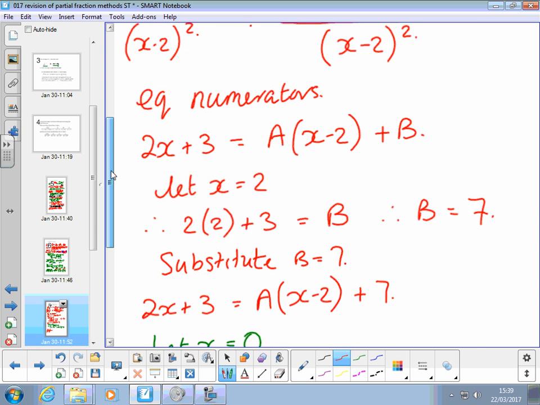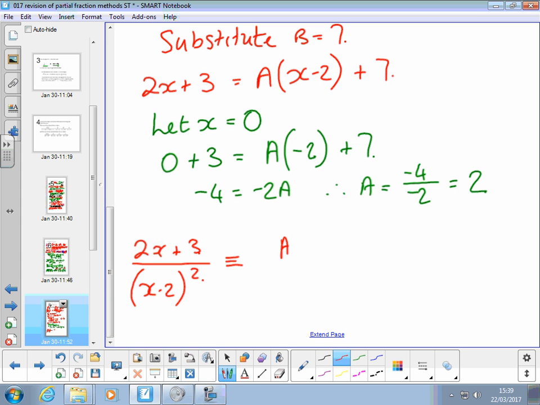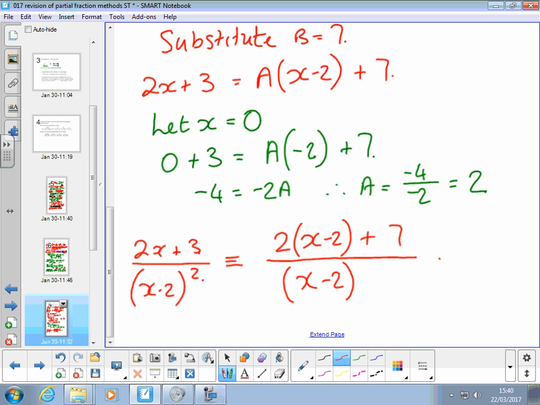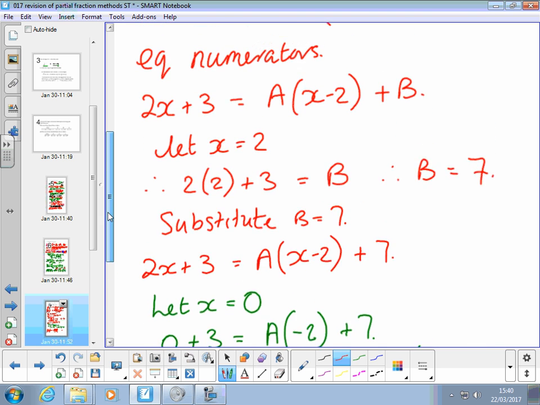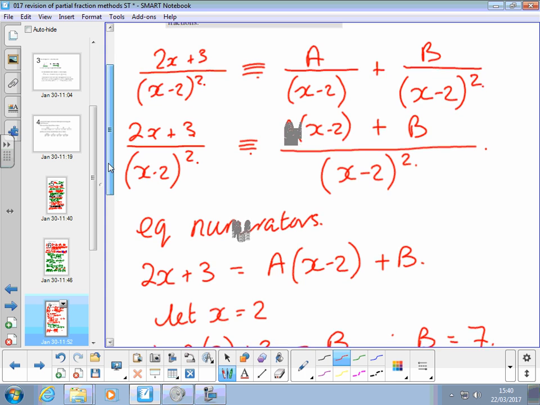So that's A x minus 2 plus B. A was 2, B was 7 over, hang on, I want separate, don't I? I'm going to put it in that. A over x minus 2 plus b over x minus 2 squared.